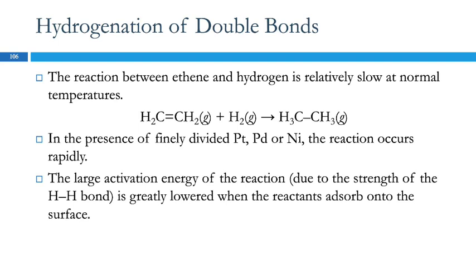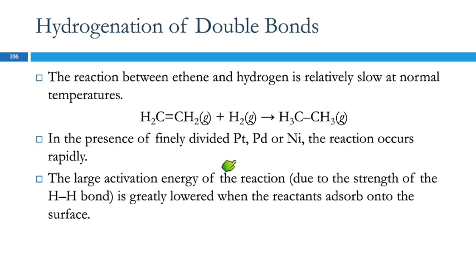Another place that catalysis is important is in the hydrogenation of double bonds. So carbon-carbon double bonds will react with hydrogen, but they do so quite slowly at normal temperatures.